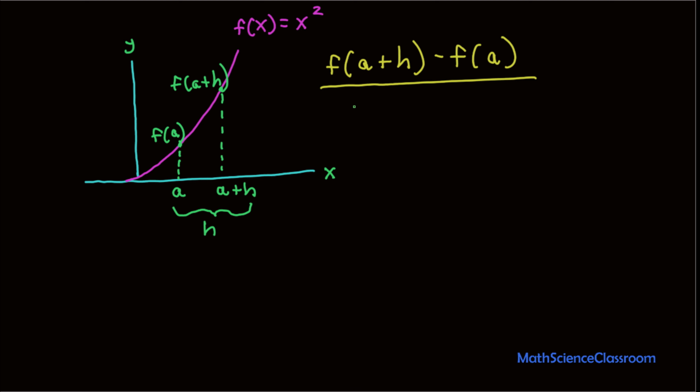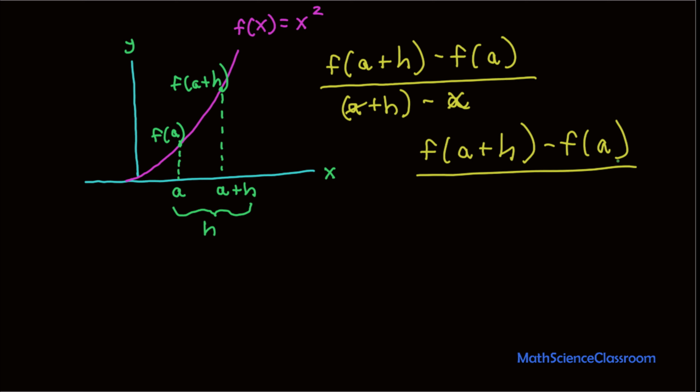So how do we calculate that? A plus h, which is here, minus a. Now you recognize immediately that the a's cancel, so now we just have h. And so let's rewrite it. f of a plus h minus f of a over h.